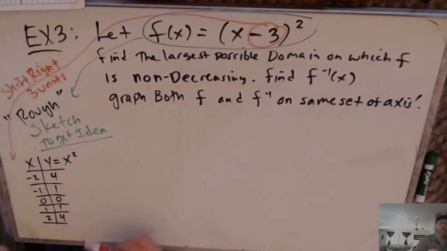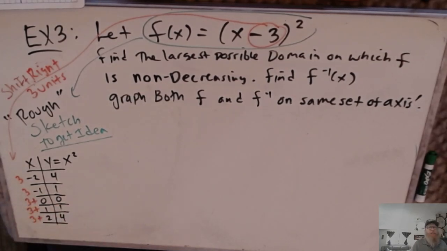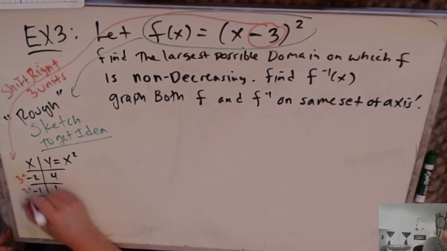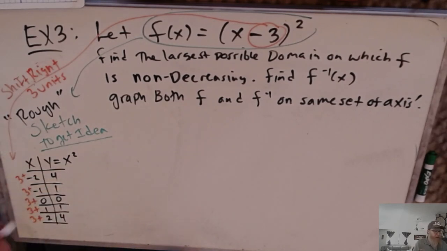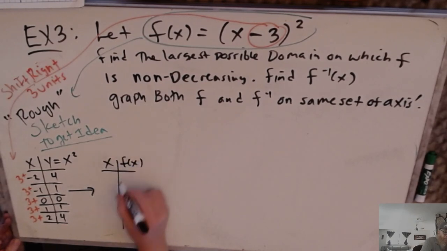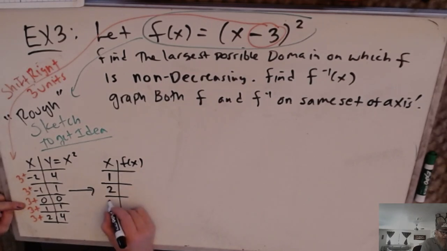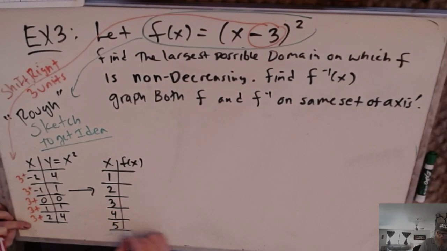That was a trick question. So we're going to go right 3 units. We're going to add 3 to all of the x's. So 3 plus negative 2, that's going to be 1. 3 plus negative 1, that's going to be 2. 3 plus 0, 3 plus 1, and 3 plus 2.